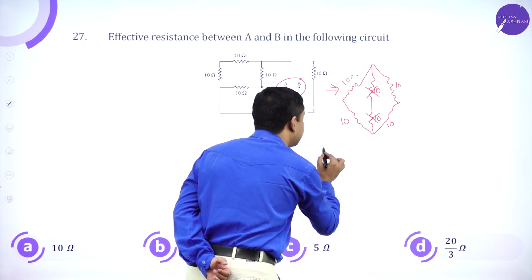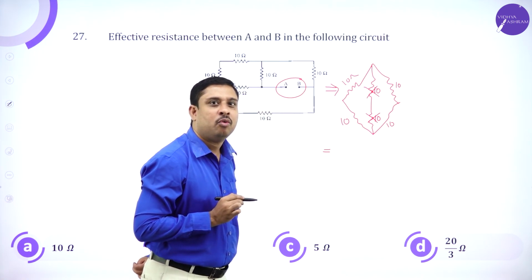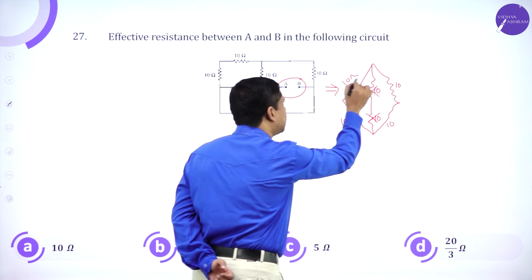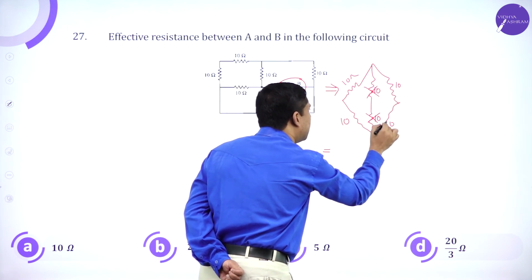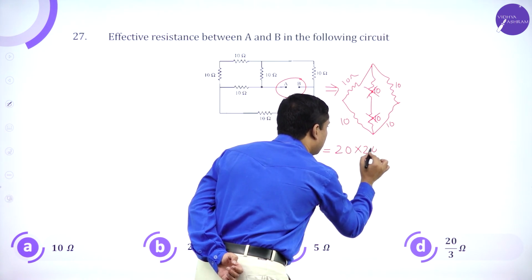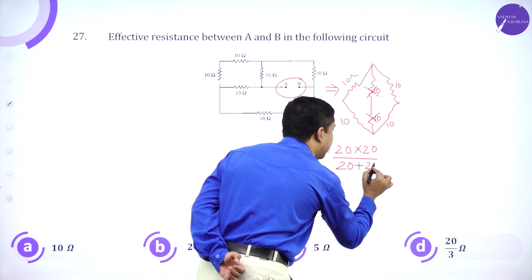The combination is in parallel. So what should be the further combination? This is 20 in series, 20 in series. So 20 into 20 divided by 20 plus 20.